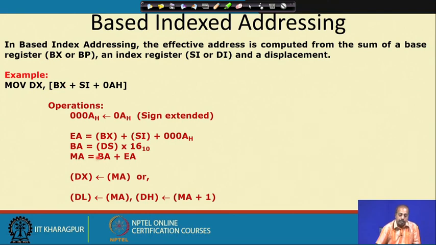The memory address is this base address plus the effective address. And if it is BP instead of BX, then it will be using the SS register, the stack segment register, as the segment register instead of DS, the data segment register.